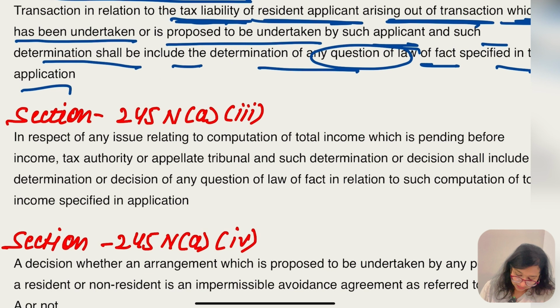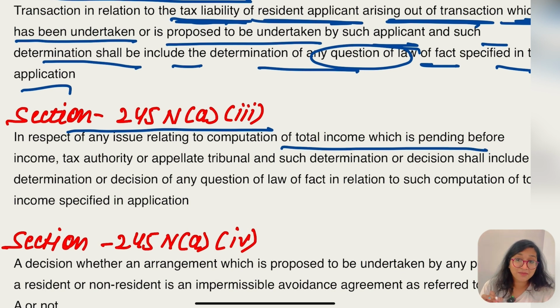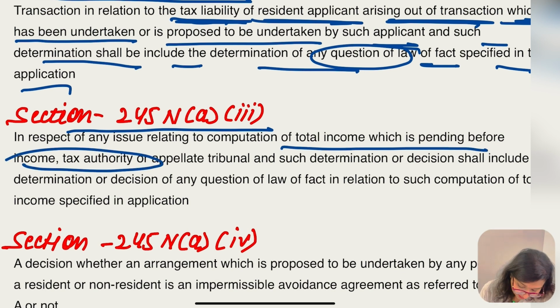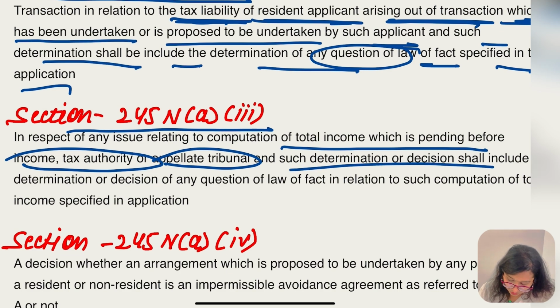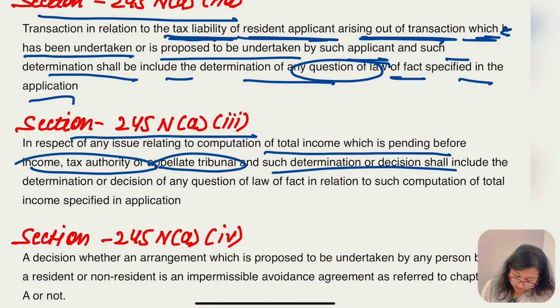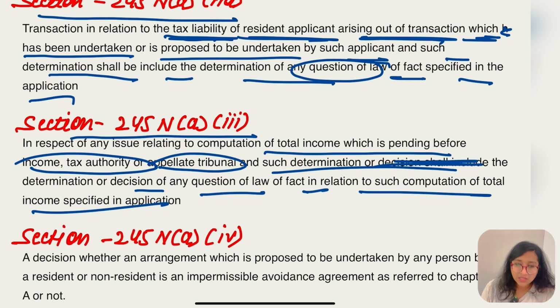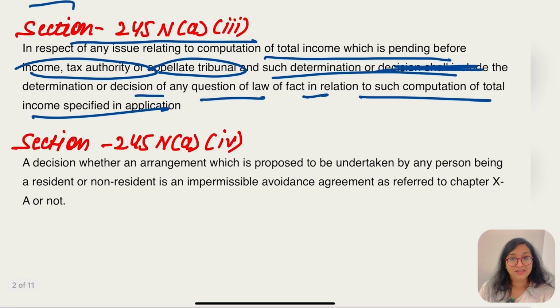And the other section, 245 A clause 3, says in respect of any issue related to computation of total income which is pending before the income tax authority or ITAT, such determination or decision shall include the determination of, again this is repeated, question of law or fact. The same thing is actually written here, I am just reading out.